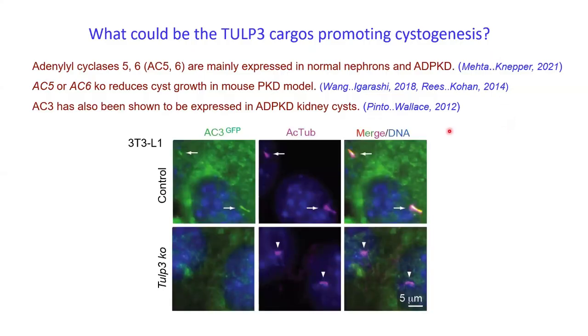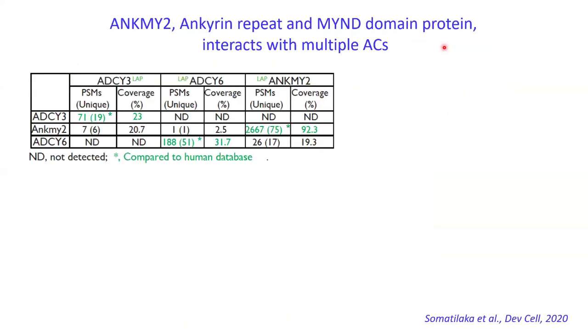We overexpressed GFP-tagged AC3 in 3T3-L1 cells. These AC3s localized to the primary cilia really nicely. But when we knock out TRP3, this AC trafficking to the cilia was demolished. So these ACs can be candidates for promoting ciliogenesis.